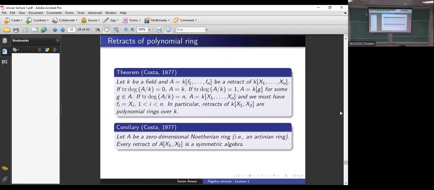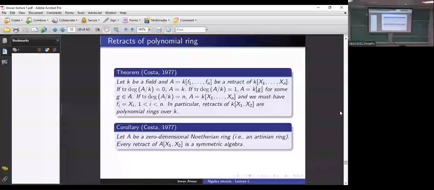Transcendence degree, at the moment for your case, is just the number of indeterminates.